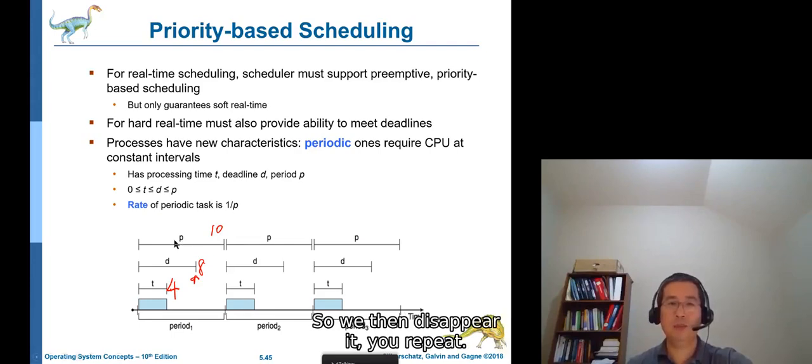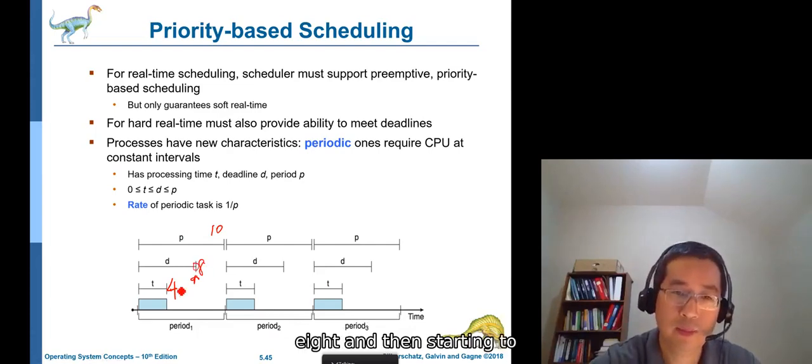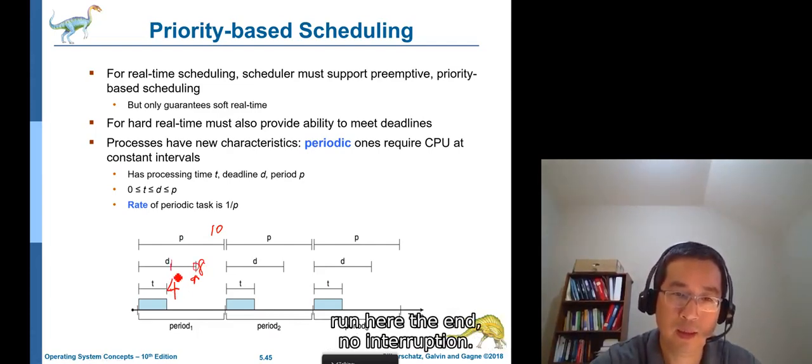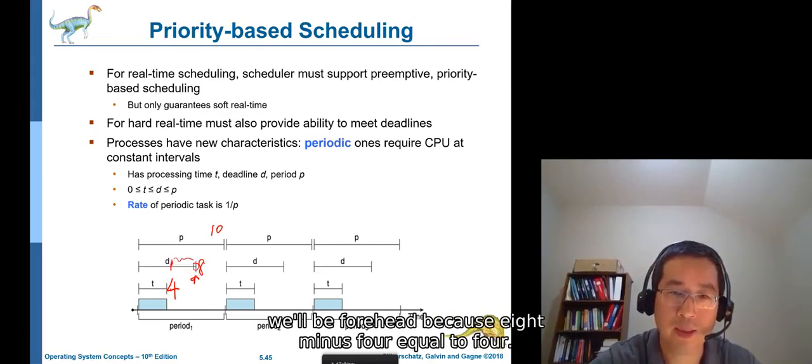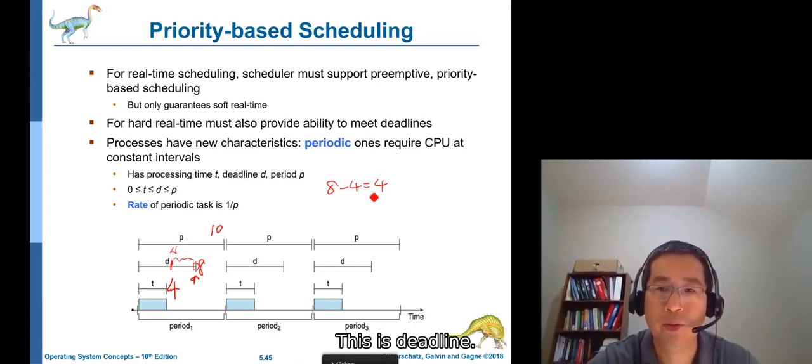Within this period, you will repeat. So even though you have 10 seconds, you must finish by 8. And its running time is 4. So the latest it will meet the deadline at 8, starting to run till the end, no interruption. So the latest scheduling time will be 4, okay? Because 8 minus 4 equals 4.